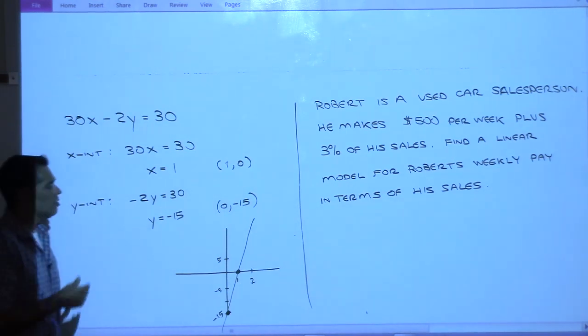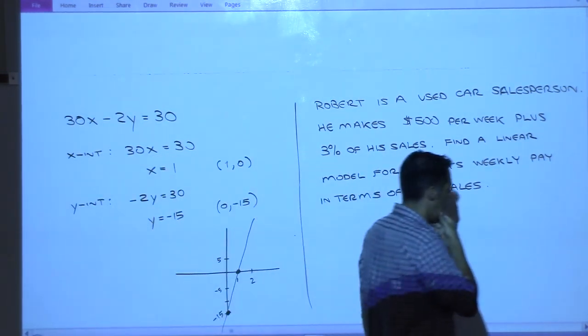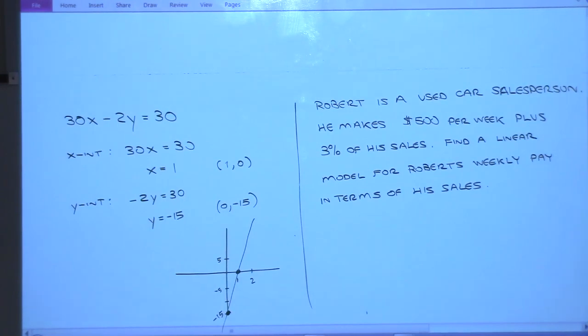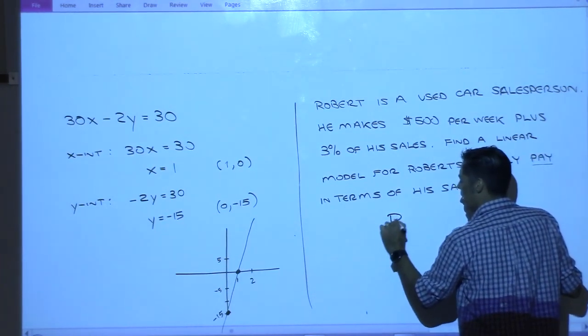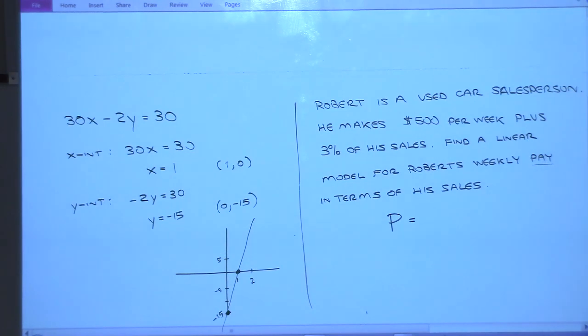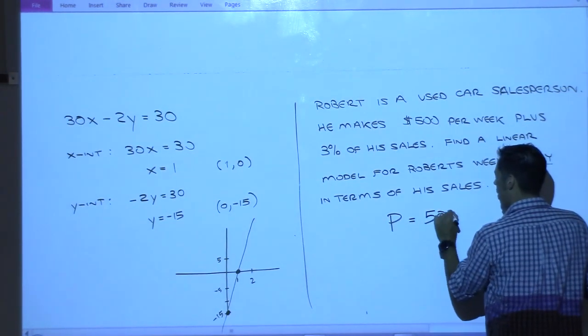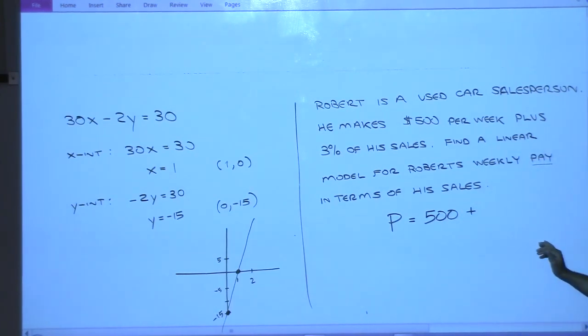So can we try and come up with some idea of what my pay is going to be? I want to know what my weekly pay is. So let's call it P, for pay. My pay is going to be what every week? 500 to start, right? No matter what, 500. Plus, I'm going to make how much? 3% of my sales.